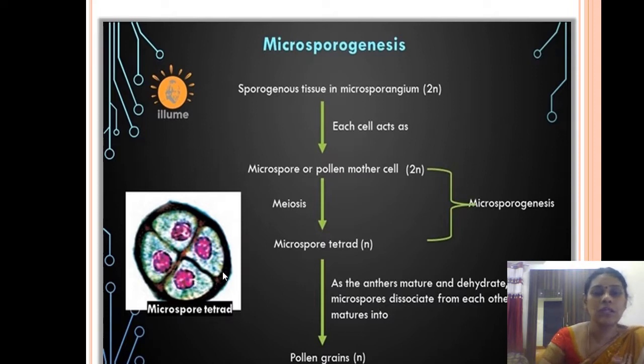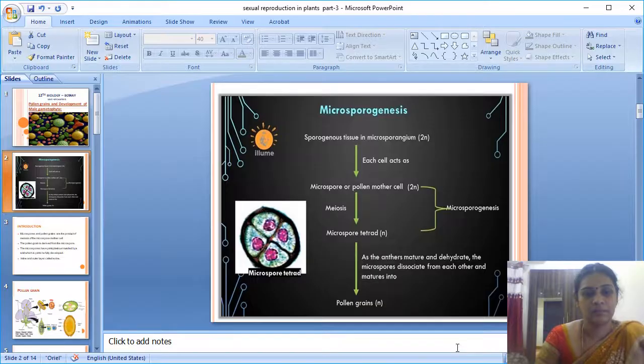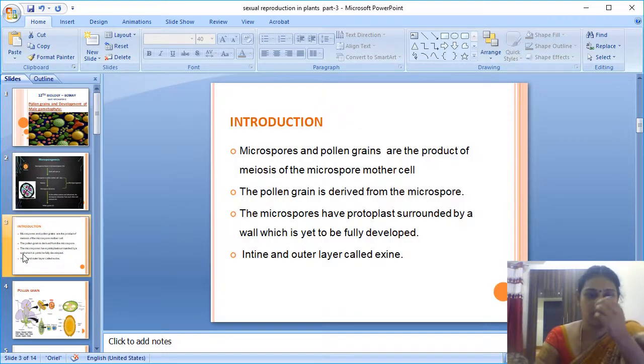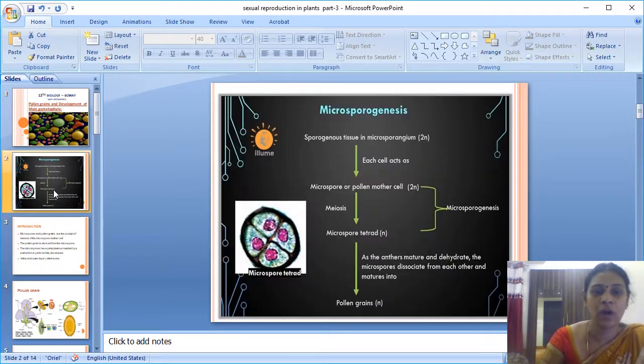In this flowchart, the microspore is an immature stage of pollen, and the matured stage of the microspore is called the pollen grain. Now you know what a microspore is and how it is formed.